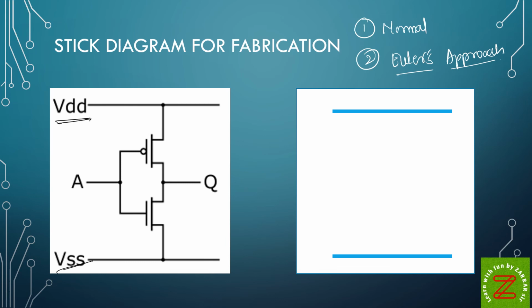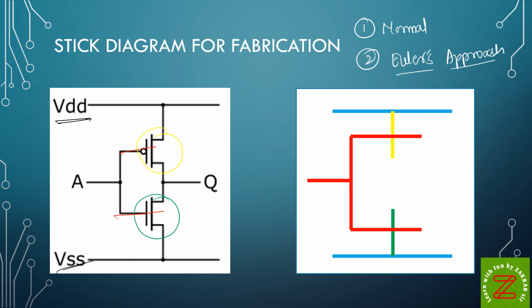We have already discussed that my PMOS will be denoted by yellow color and NMOS will be denoted by green color, and the gate on PMOS and NMOS will be denoted by red color. So this is my yellow color for PMOS and green color for NMOS, and the red color cutting both PMOS and NMOS is your gate. Now if I join these two, this becomes my input and this is my output. So this is the final stick diagram for your CMOS.